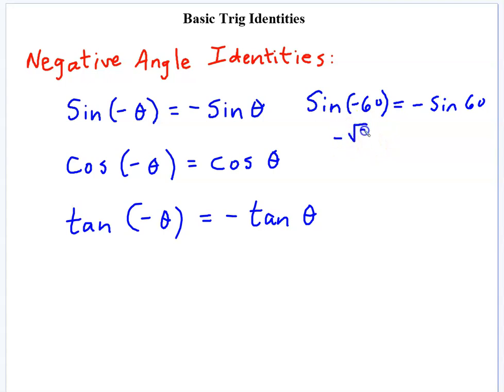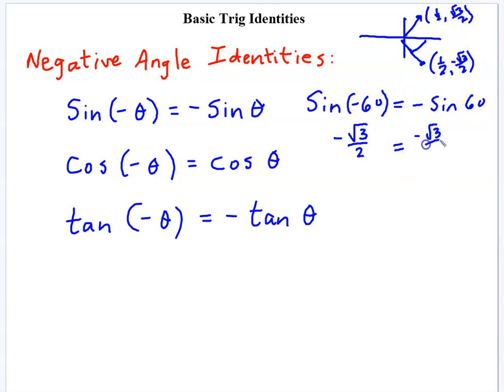Just looking at your unit circle, go down to 60 degrees, and that particular ordered pair is 1/2, negative root 3 over 2. So sine negative 60 degrees is negative root 3 over 2. Well, if you were to go up to the positive of that ordered pair, it is positive 1/2, positive root 3 over 2. So sine 60 degrees is positive root 3 over 2, but this says just multiply by -1, and you have the same thing. So that's really all that is saying.